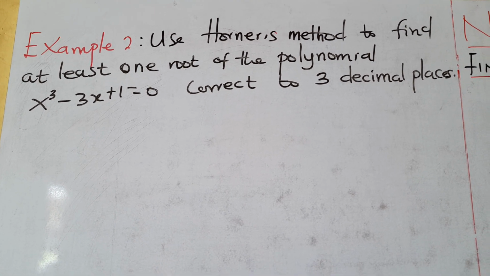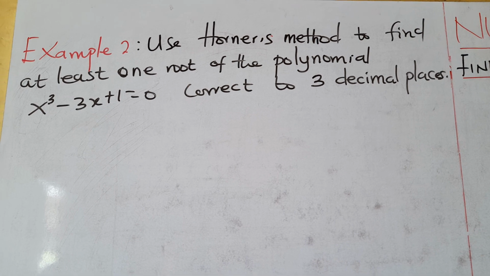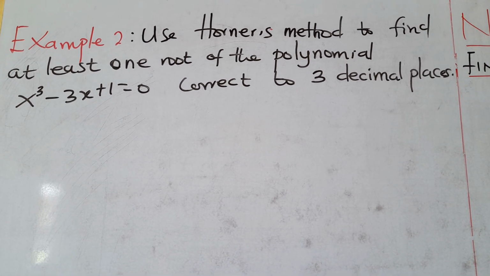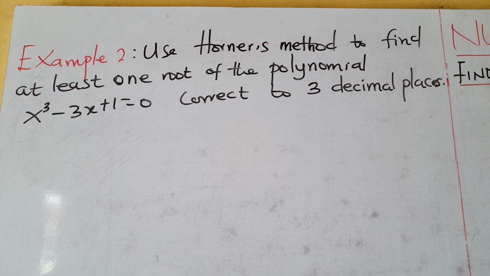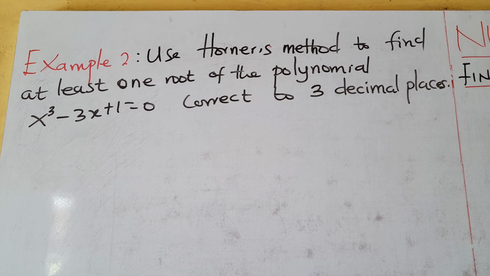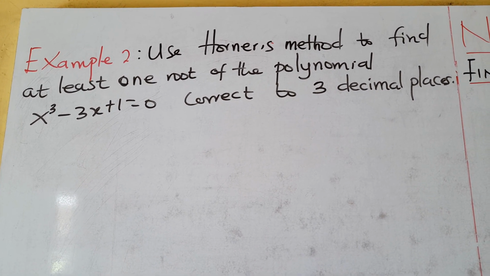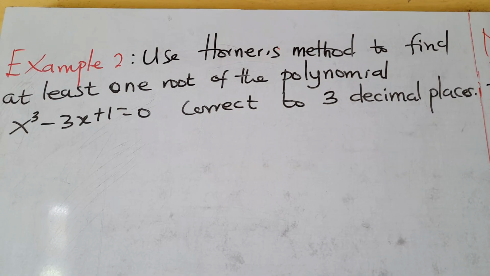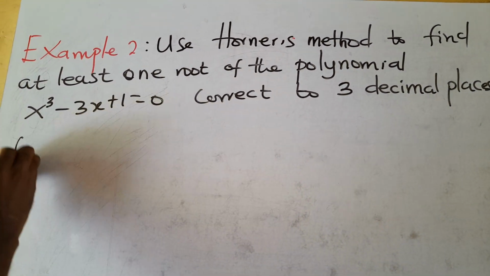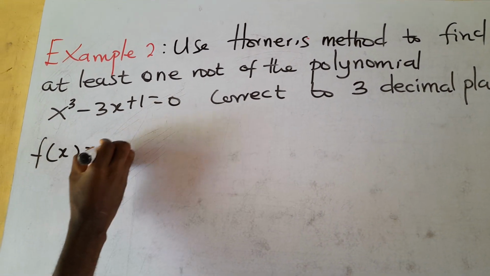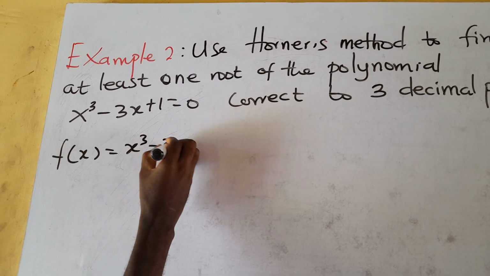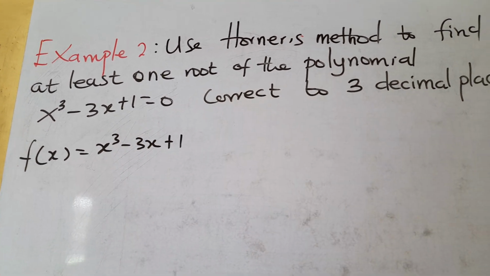Now, they say use Horner's method to find at least one root of the polynomial x cubed minus 3x plus 1 equal to 0, correct to 3 decimal places. So how do we do this? So we can say our f of x is equal to x cubed minus 3x plus 1.